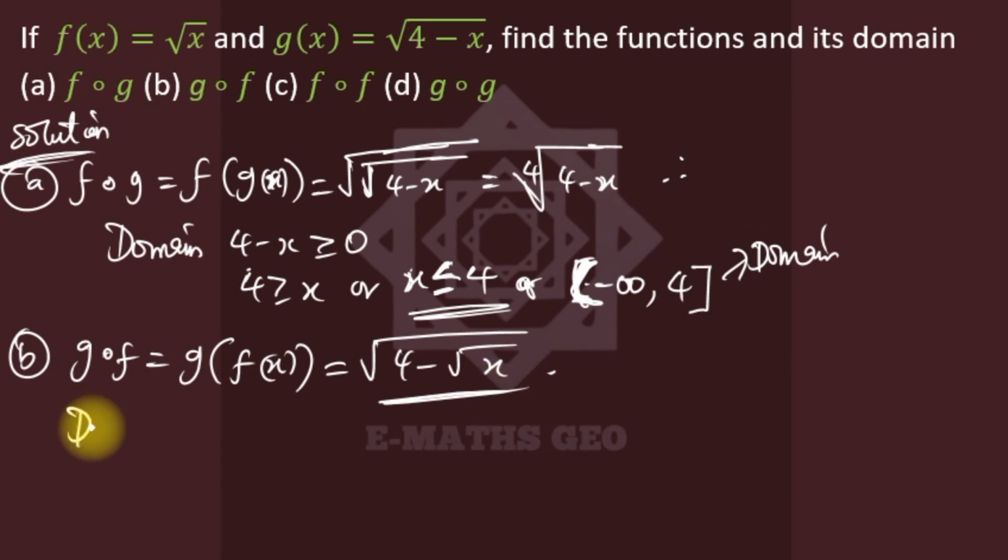But for the domain, for this to be defined, x must be greater than or equal to 0, and 4 minus root x must also be greater than or equal to 0, because this is the square root function. So we'll solve that.